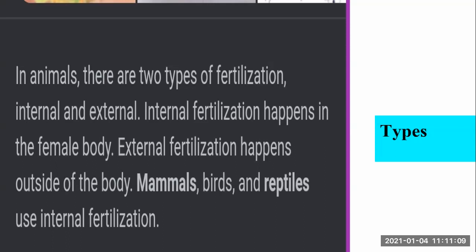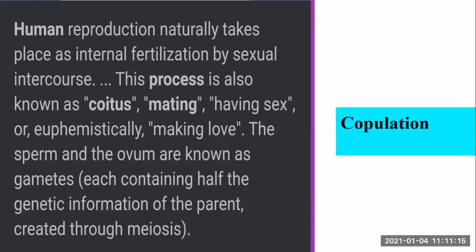In mammals, birds, and reptiles, we have internal fertilization. Copulation: human reproduction naturally takes place as internal fertilization by sexual intercourse, and this process is known as coitus, that is the mating or having sex.